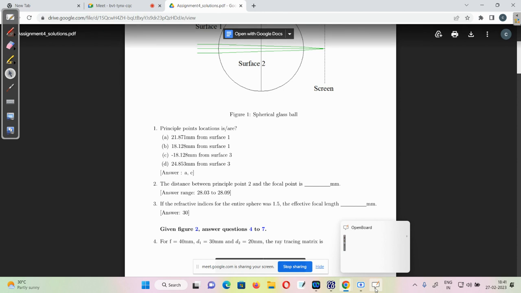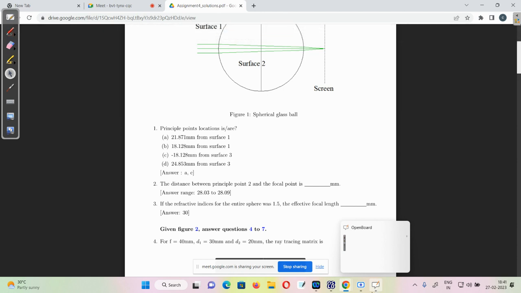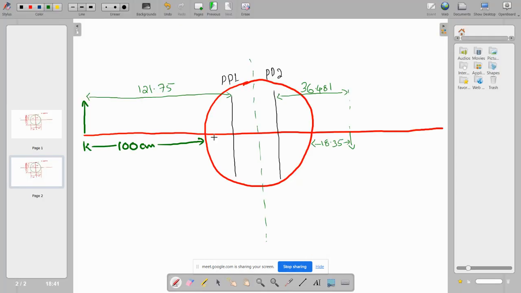So we are getting 21.75 from surface 1. So we are getting this distance as 21.75.